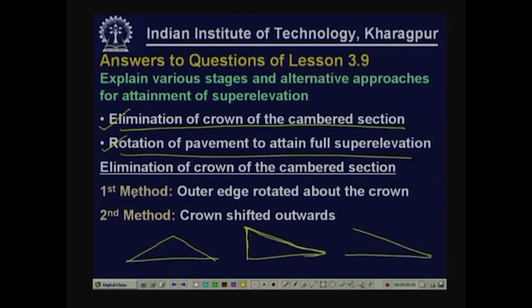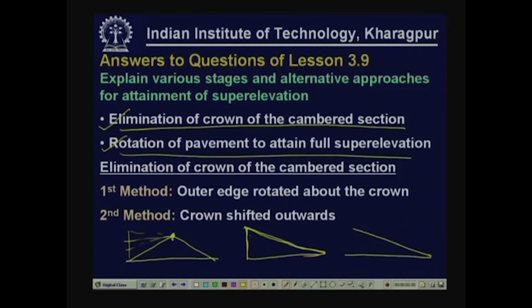Now, the first stage can be done in two alternative approaches. In the first, the outer edge is rotated about the crown, keeping this point constant, and the outer edge is gradually rotated like this. The disadvantage is that there is a cross slope lesser than the required camber, so there could be a drainage problem for a small portion where the slope is lesser than the camber.